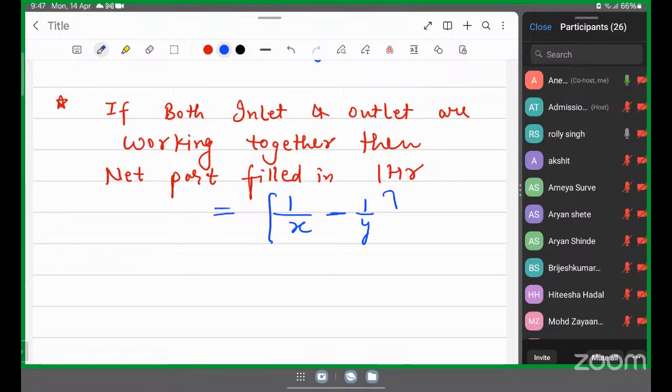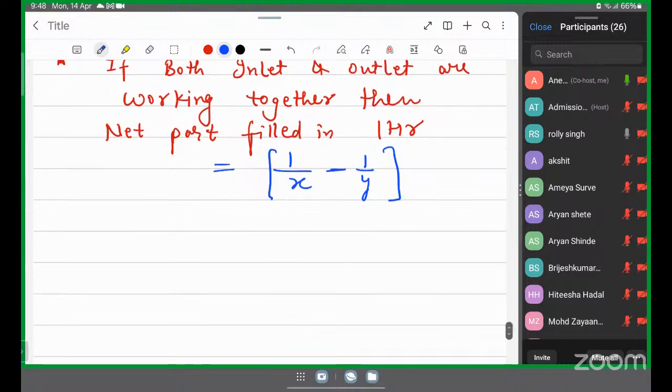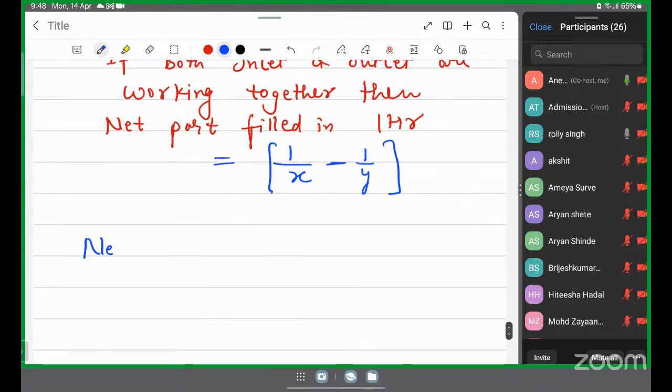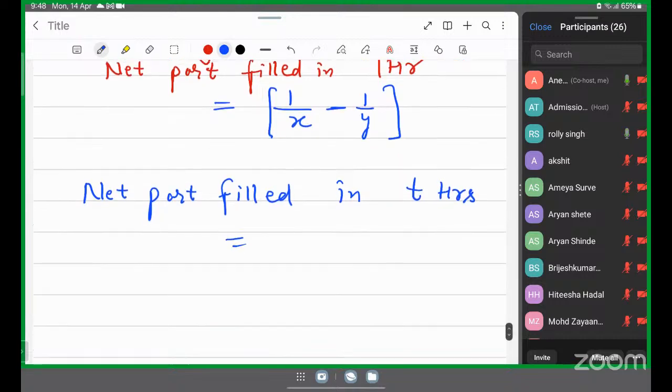So the answer will be 1 by x minus 1 by y. And if these two pipes are working together for, let's say, t number of hours, then what will be the net part of the tank filled? Net part filled in t hours will be the part of the tank filled in 1 hour multiplied by the number of hours. Understood or any doubt?